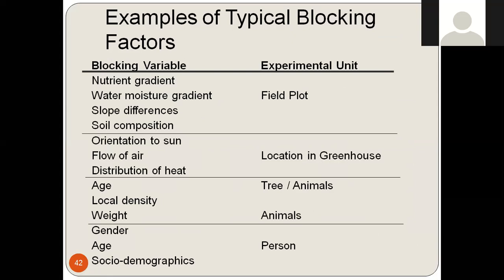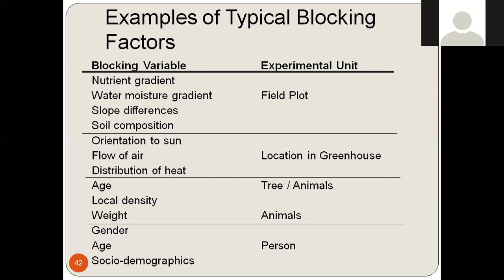When you do experiments in the field plot, there may be a nutrient gradient, moisture gradient, water gradient, slope differences. Slope may be different, soil composition may be different. So in those cases, we can do the blocking separately, perpendicular to the gradient.